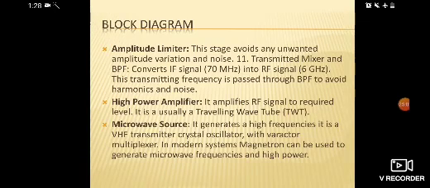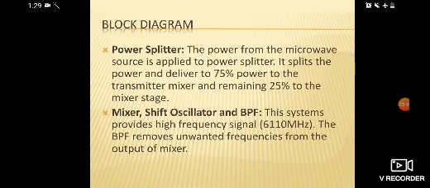Microwave frequencies are high frequencies, and normal amplifiers are not workable at them. Our oscillators also do not work at this frequency of signals. For that reason, we use a magnetron. So that is the microwave source. In modern life we use a magnetron to generate microwave frequencies and high power.